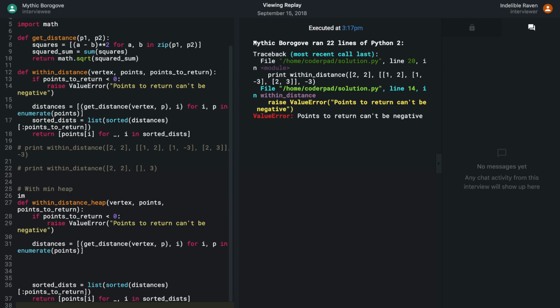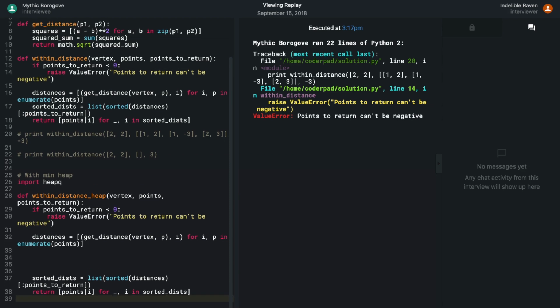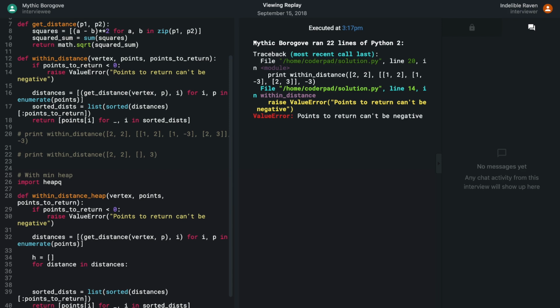So we'll instantiate our heap here. This list, and it's going to be k size. And so what we'll do is we'll say for each distance in distances.